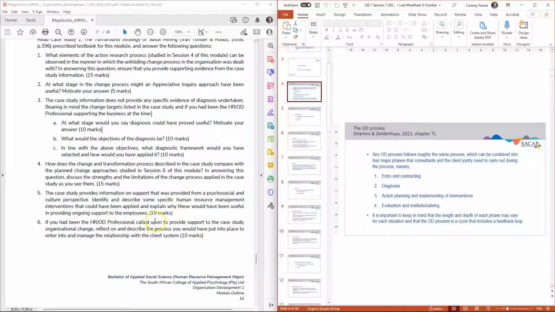How are particular stakeholders impacted, and how do you need to manage your relationship to them? You need to be very, very specific about that. So stakeholders would be employees, it could be unions, top management, and so on.